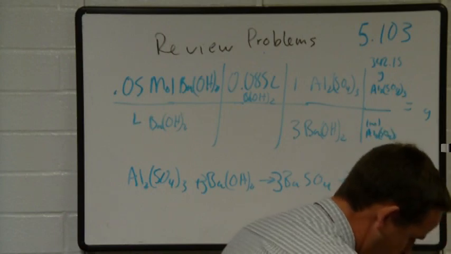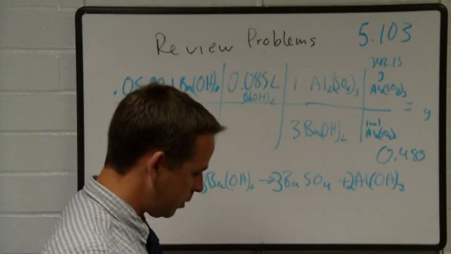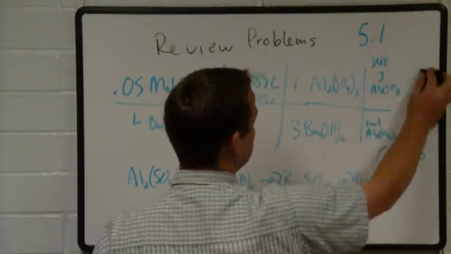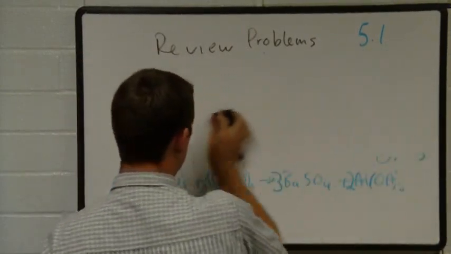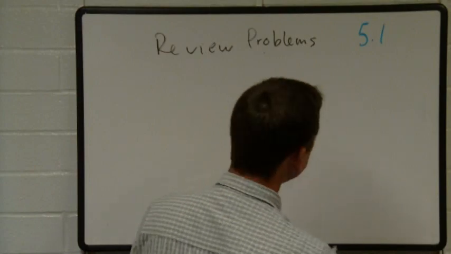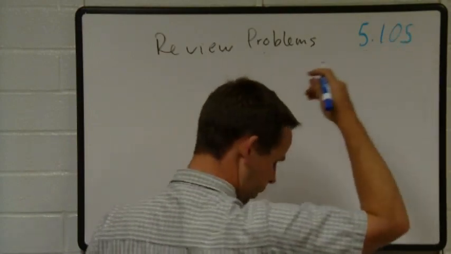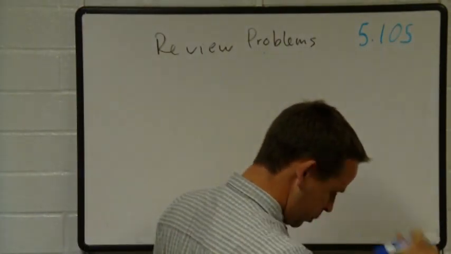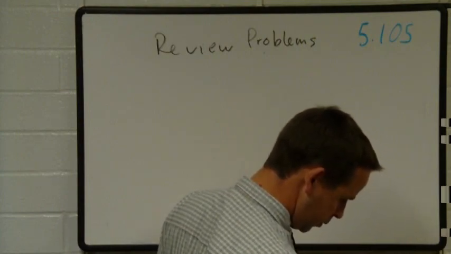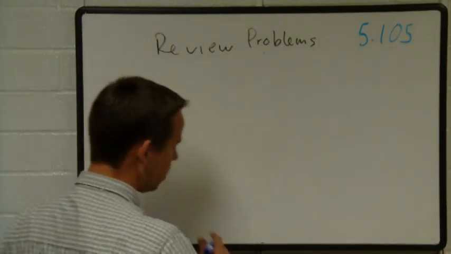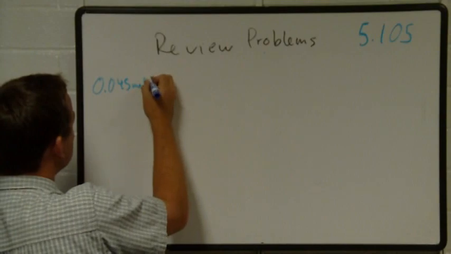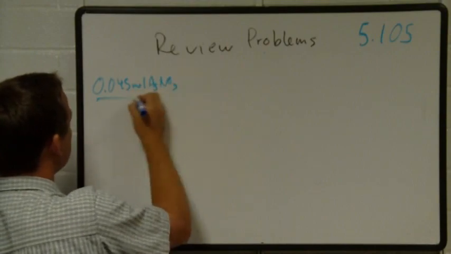Okay, 105. How many milliliters of 0.15 molar iron chloride solution are needed to react completely with 20 milliliters of 0.045 molar silver nitrate? 0.045 moles of AgNO3 for every 1 liter.